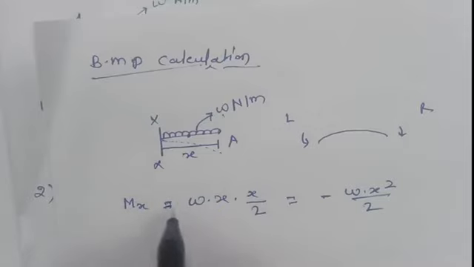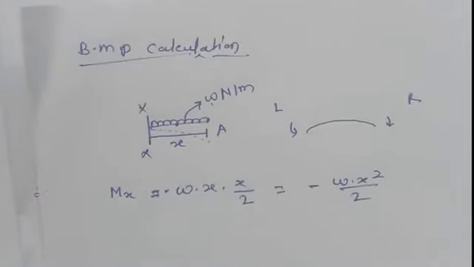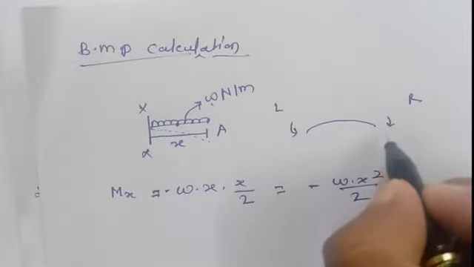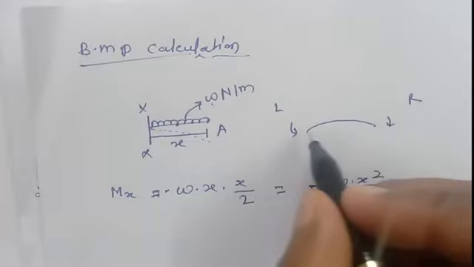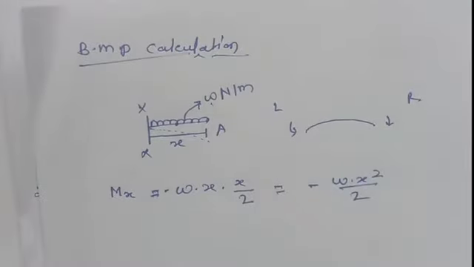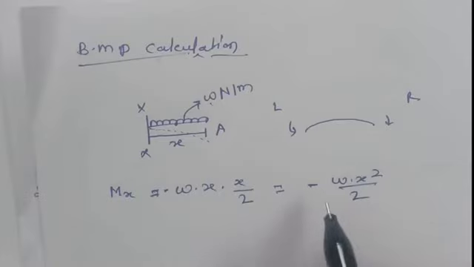Because that is the hogging condition, and as per our sign convention, when we move right to left the hogging condition is negative. So the bending moment at x distance is minus W into x square by 2.